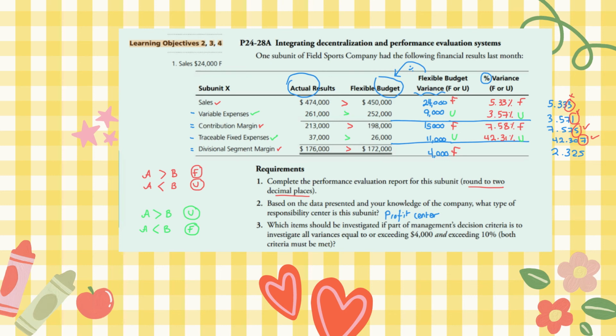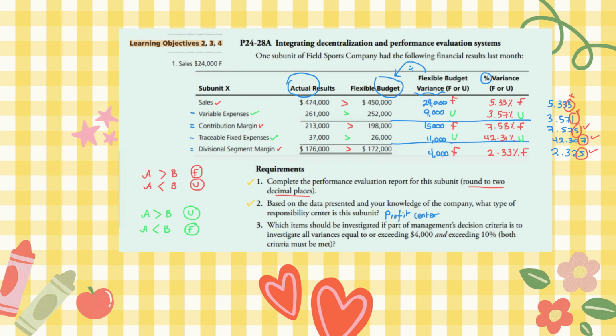I need to round it to 2 decimal places, so I need to look at the third number. Is it 5 or greater than 5? Yes, so I need to add 1 to the 2, so the answer is 2.33%, and it's also favorable. Now we are done with requirement 1 and 2.